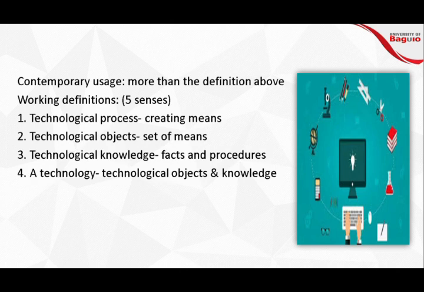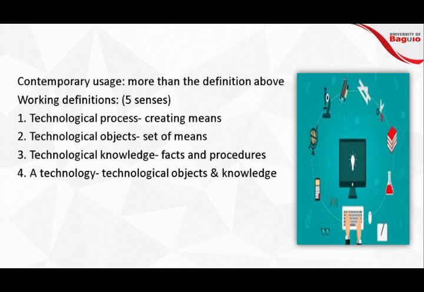So we apply now the knowledge, the facts and procedures, and then also yung objects or the set of means that is being used for computer technology. So what kind of tools is being used for computer technology? What kind of skills is also being used for technological objects? At the same time, we are basing from facts and then procedures. So again, technology is composed of knowledge and then objects.